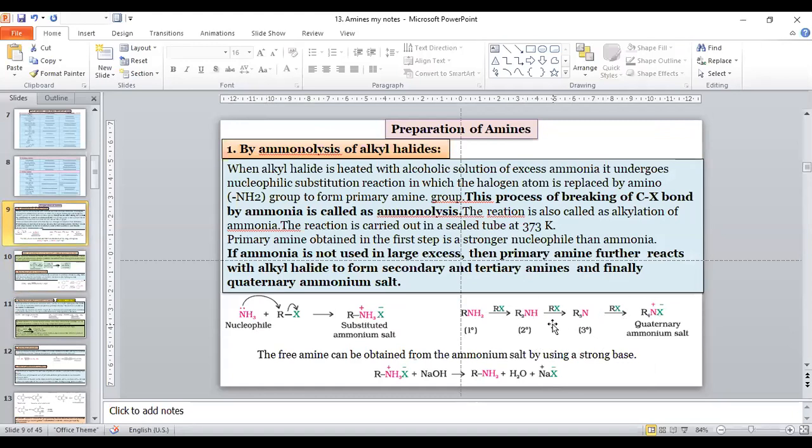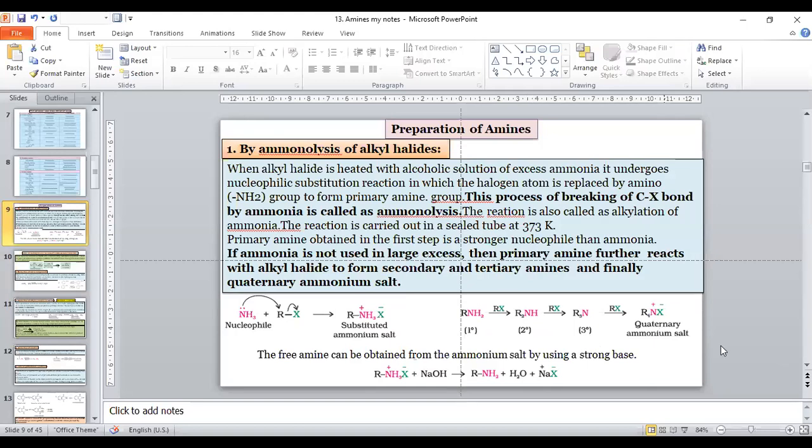Please remember this. Ammonolysis means breaking of the C-X bond by using ammonia, and this may be asked for 1 mark. This reaction was completed yesterday, and remember: if ammonia is not used in excess, we will get secondary amine, tertiary amine, and quaternary ammonium salts.